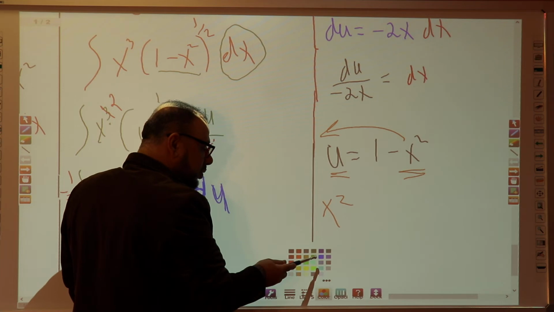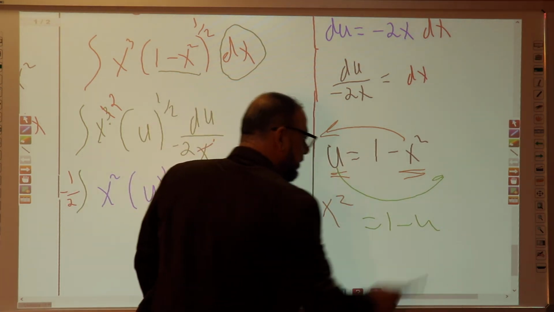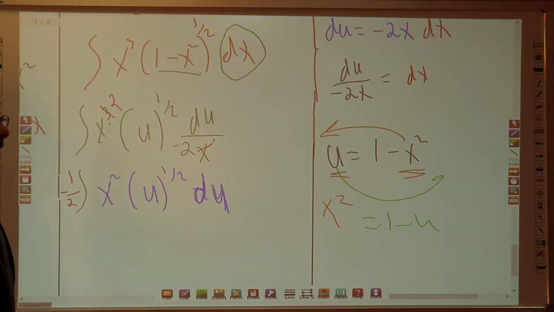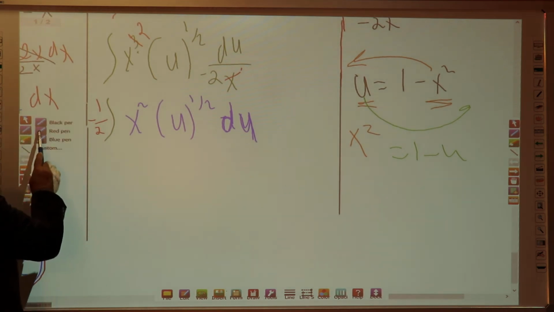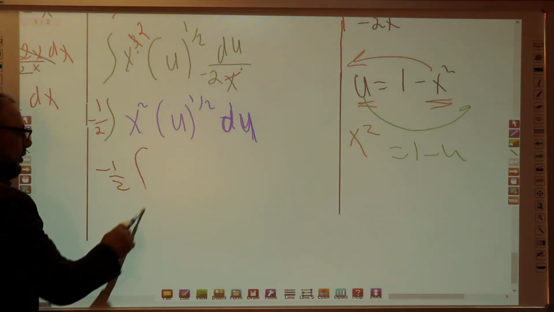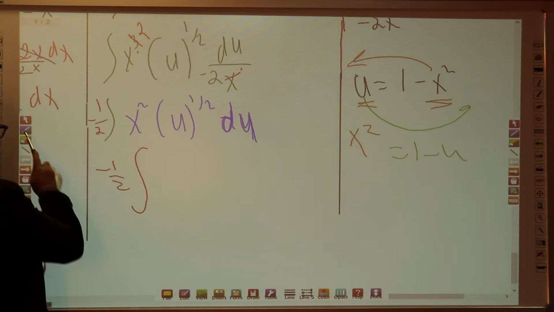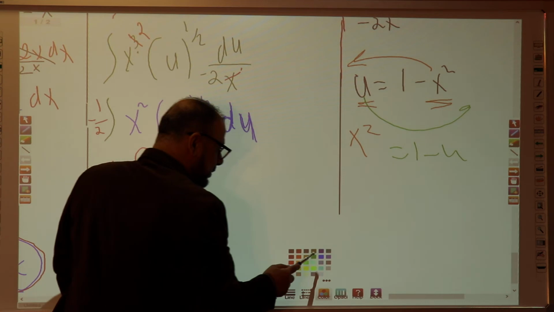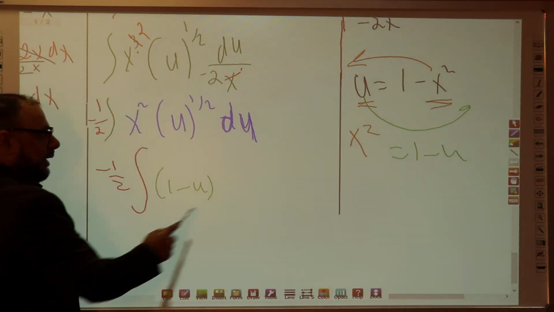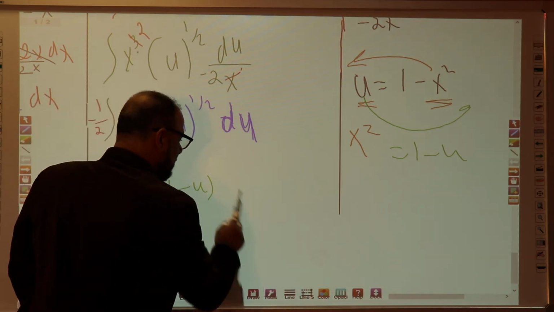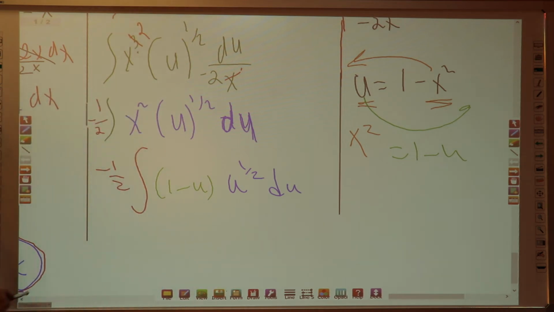When you move the u from here to here, 1 minus what? u. You follow me? Yeah. Then we go back to his integration, negative 1/2 integrate. I need to put the integration like this. And x squared, 1 minus what? 1 minus u. And here u to the 1/2 du, right?